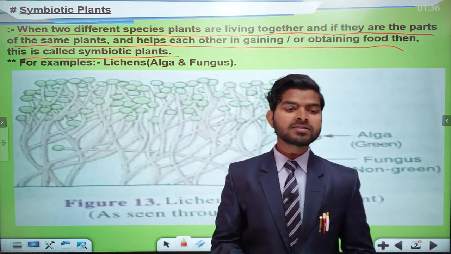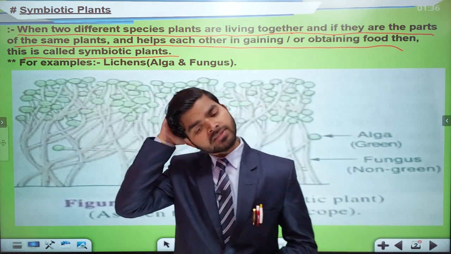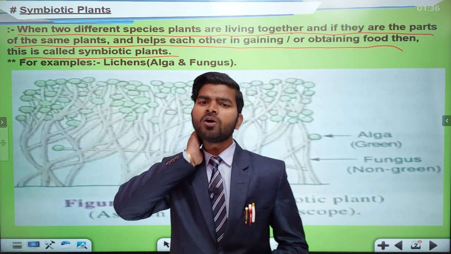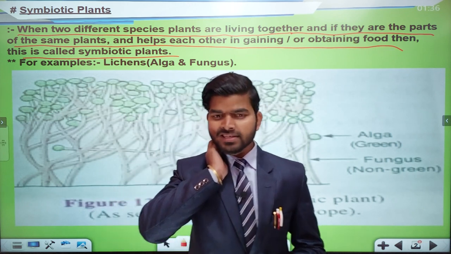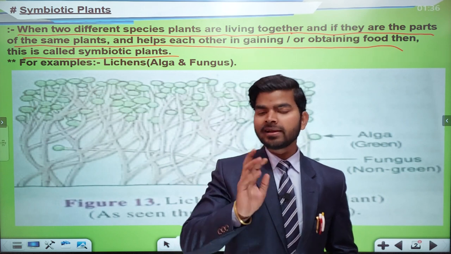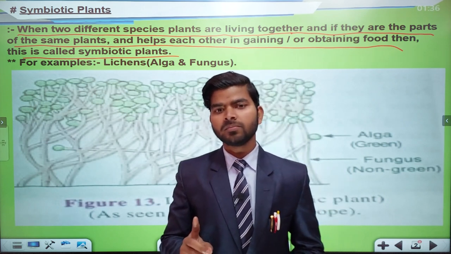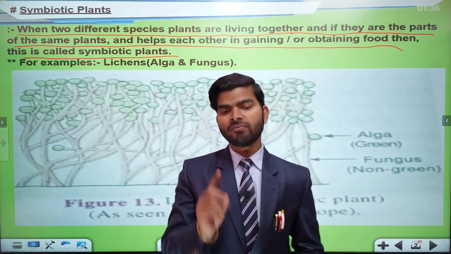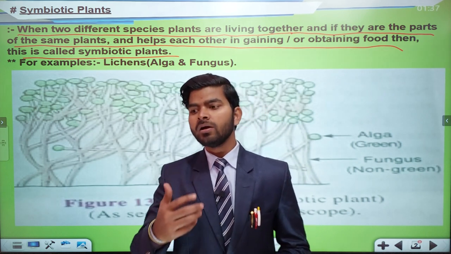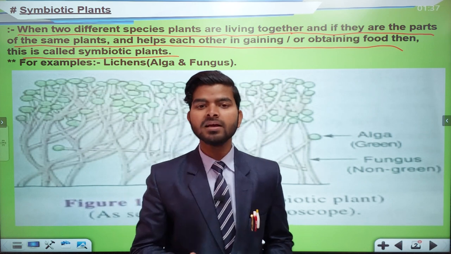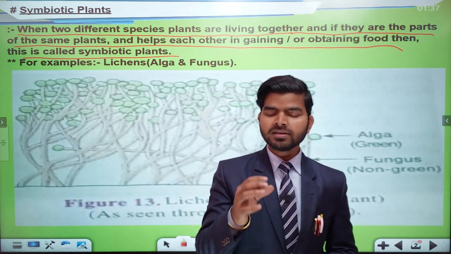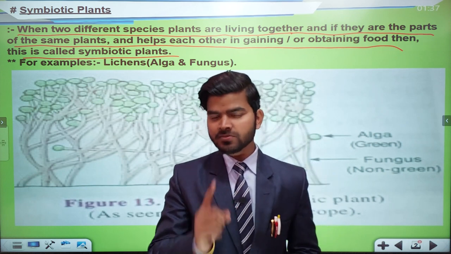Some students may be thinking, sir, can you tell me some examples of these symbiotic plants? Obviously, yes: algae. But algae is not alone, there must be a fungus and algae, and the combination of these is named lichens. I am giving lichens as the example of symbiotic plants.